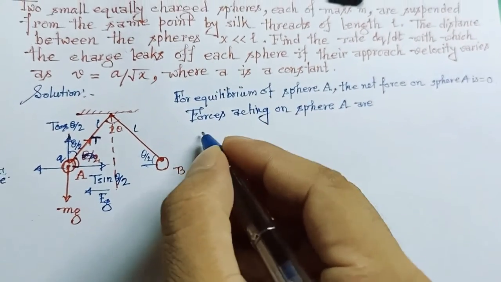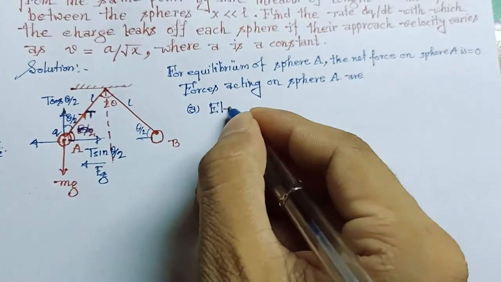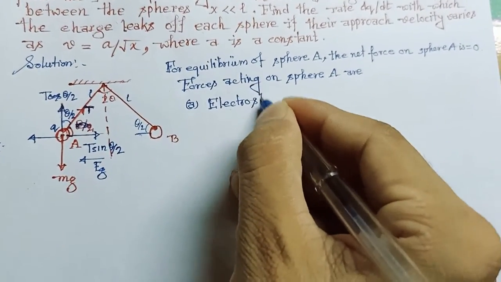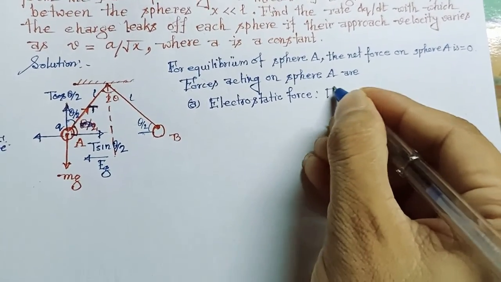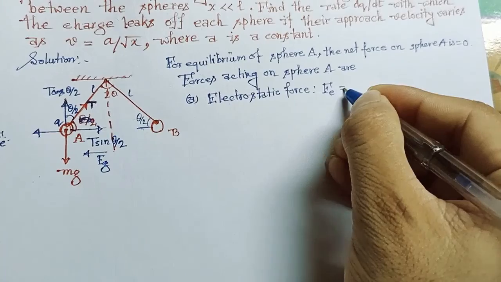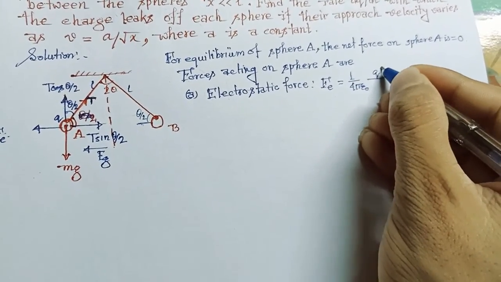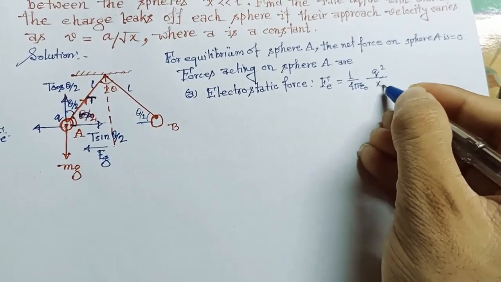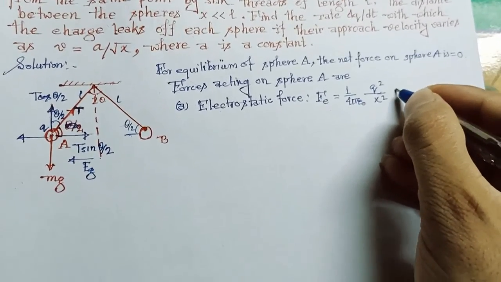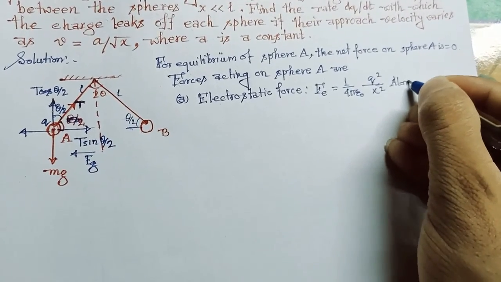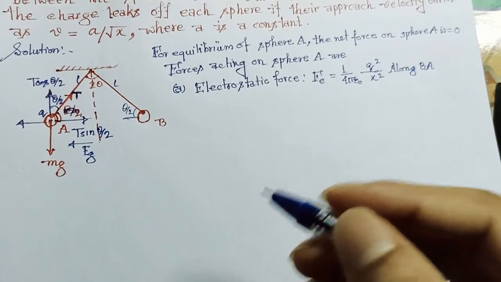The first force is the electrostatic force, Fe equal to 1 divided by 4 pi epsilon naught, q into q, that is q square divided by x square, and its direction is along BA, directed from B to A.